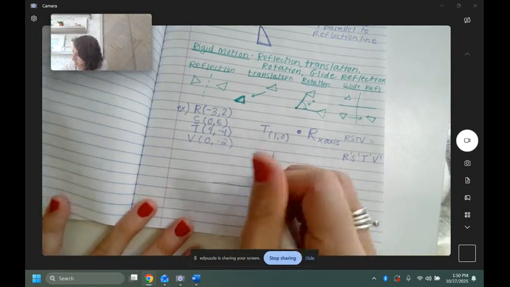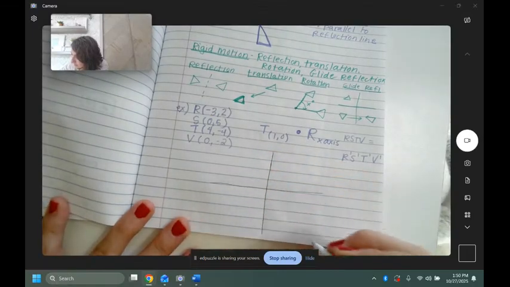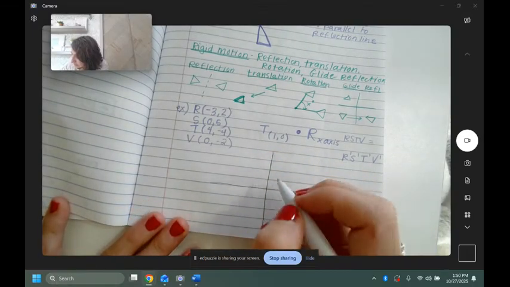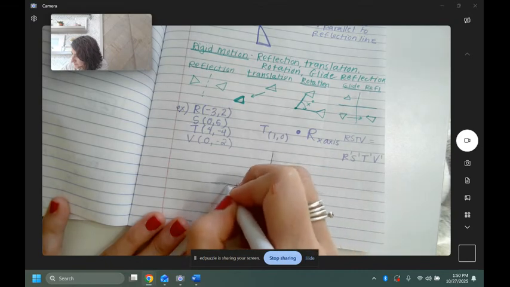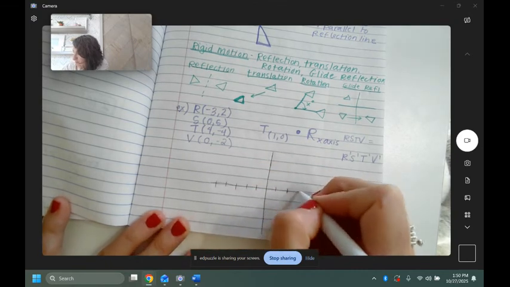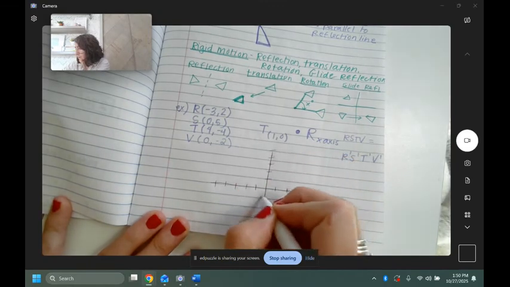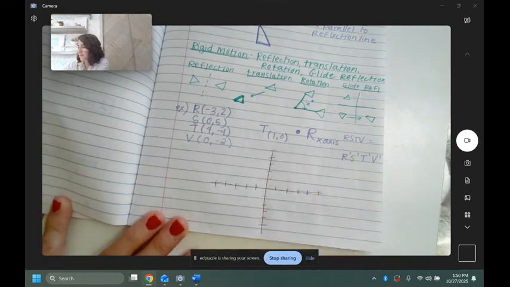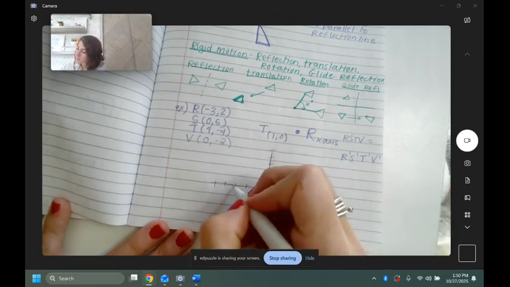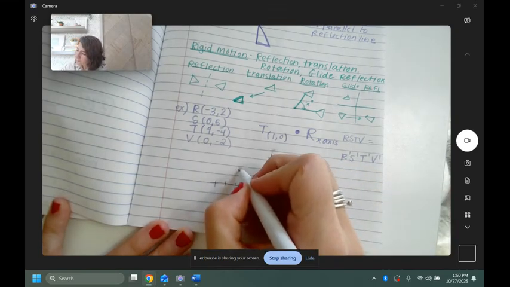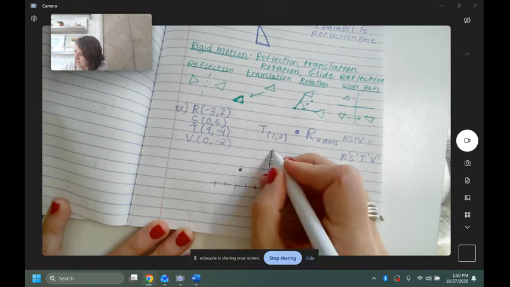So I'm going to go R. Let's see. Can I have enough space to do 1, 2, 3, 4, 5, in each direction. All right. R is at the point negative 3, 2. S is at 0, 5.